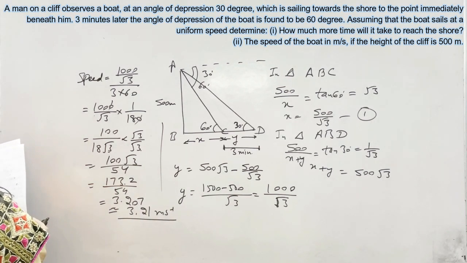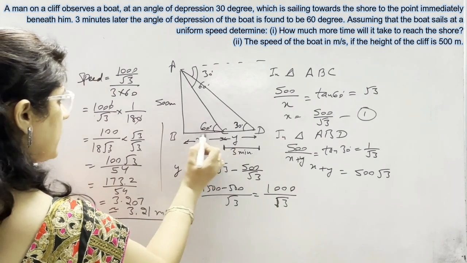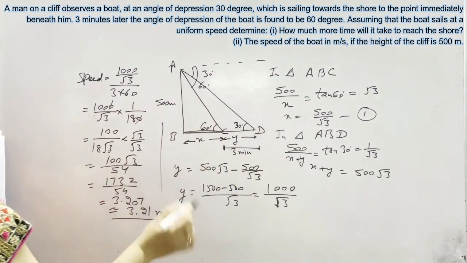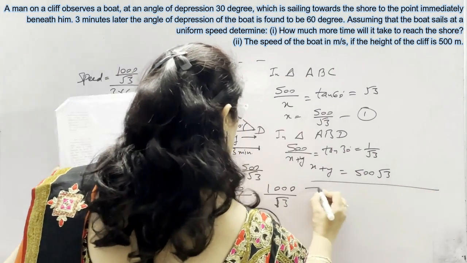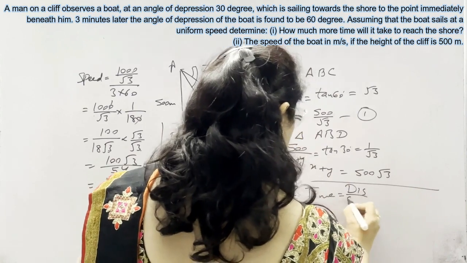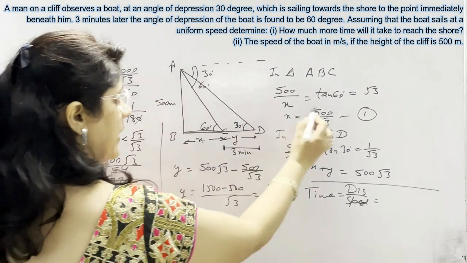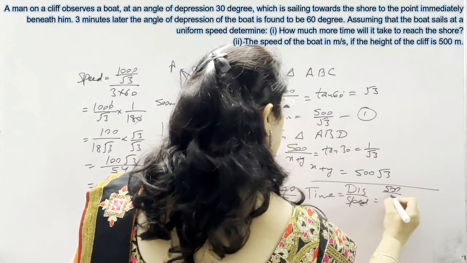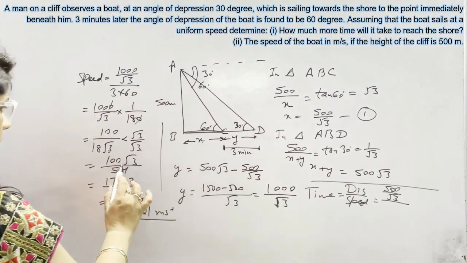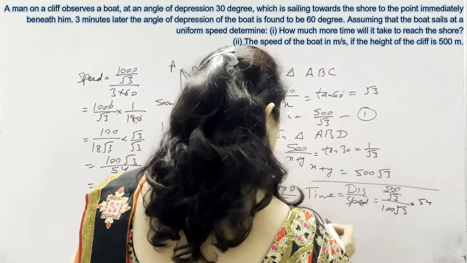Now in next part they have asked us to tell the time. So time to cover this distance x. Here we have taken the speed and speed remains uniform. Now we know that time is equal to distance upon speed and this distance is x, and x we have calculated 500 upon under root 3 and the speed we can take this under root value 100 under root 3 upon 54.